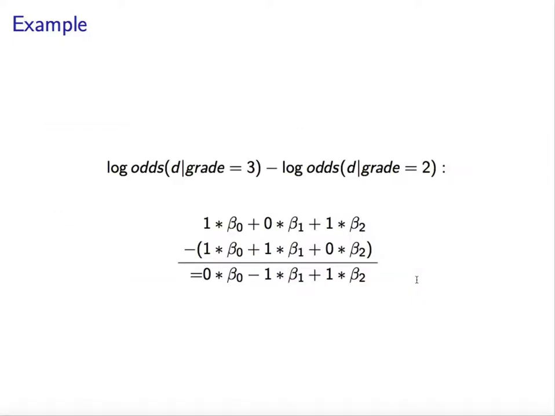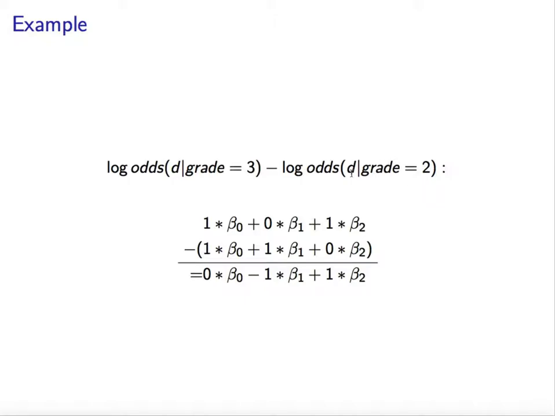To do that, we can use the estimable function. But first, we need to figure out what the contrast should be. So, if we want to compare the risk for individuals with grade 3 tumors with the risk of individuals with grade 2 tumors, we can subtract the log odds of the two.